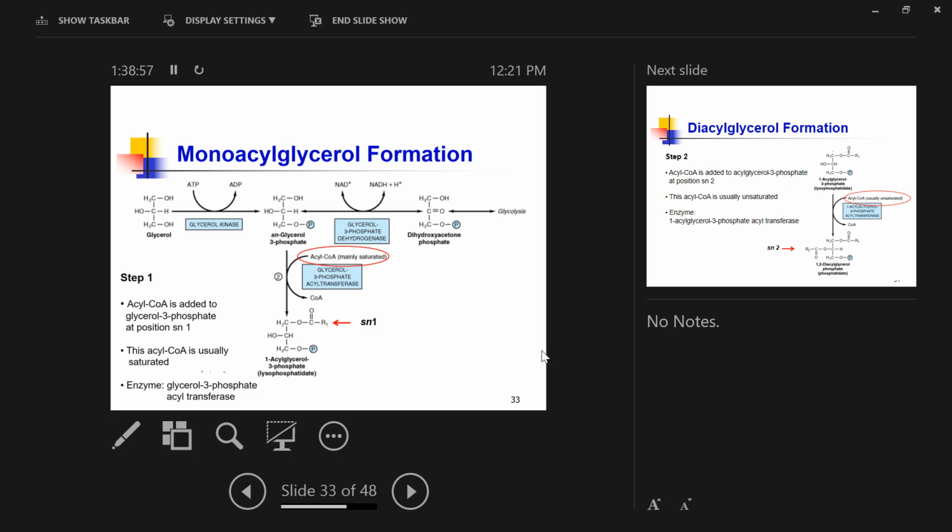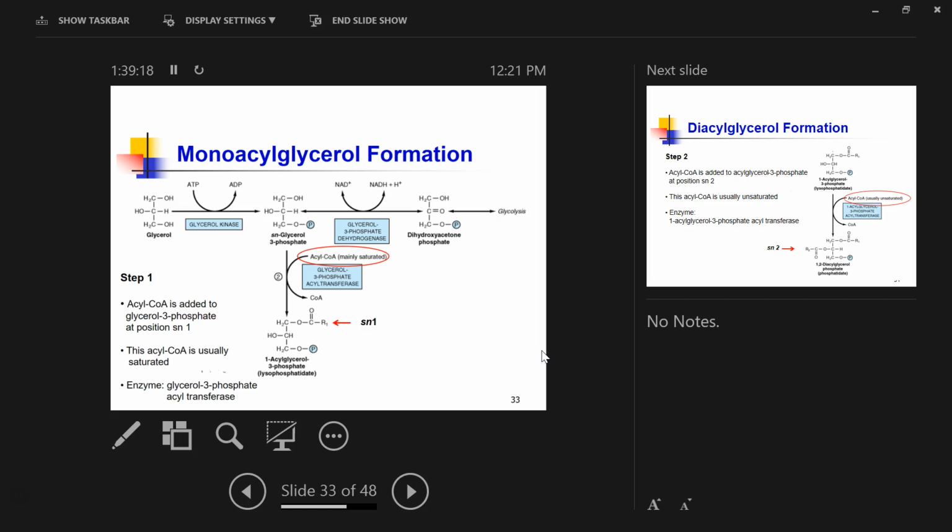So first, we need to generate glycerol 3-phosphate, and I mentioned 2 different sources of glycerol 3-phosphate. One is from glycolysis, and the other one is from direct phosphorylation of glycerol.